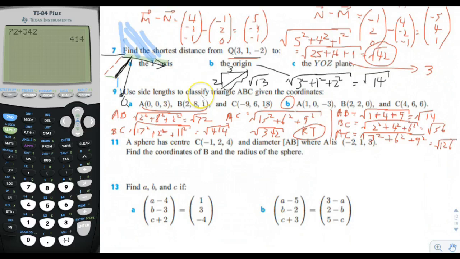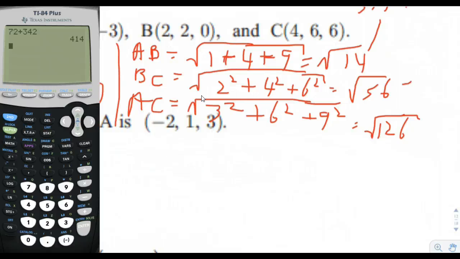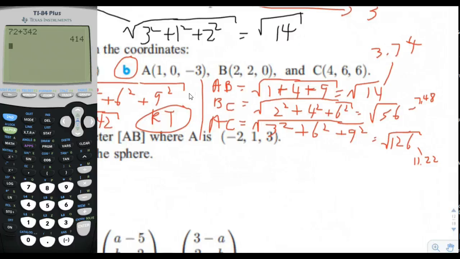Okay. Let's find values for all these. So square root of 14 is about 3.74. Square root of 56 is about 7.48. Square root of 126 is about 11.22. And what we're going to notice here is, look at the length of these sides, 3.74 and 7.48.